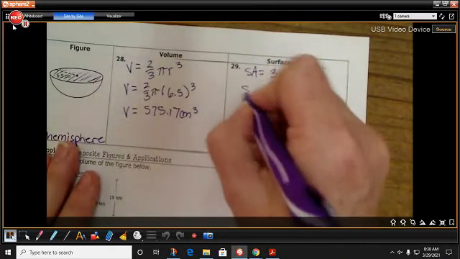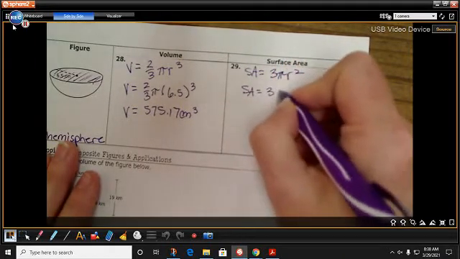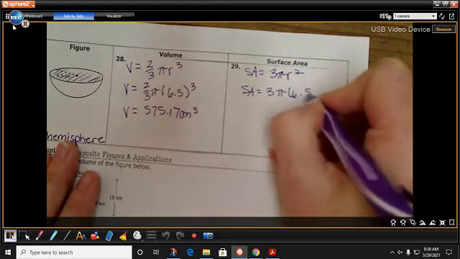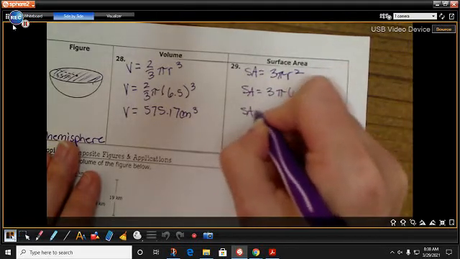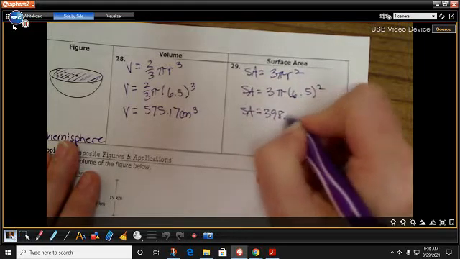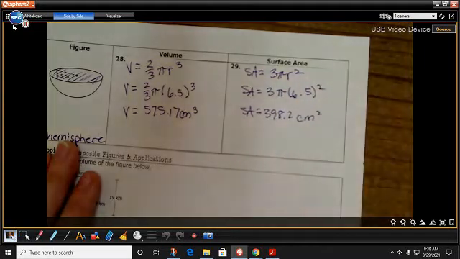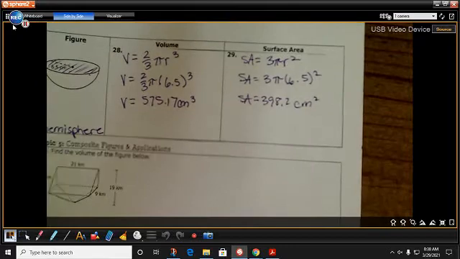And so my total surface area is going to be 3 pi times 6.5 squared, and the total for that is 398.2 square centimeters for your surface area.